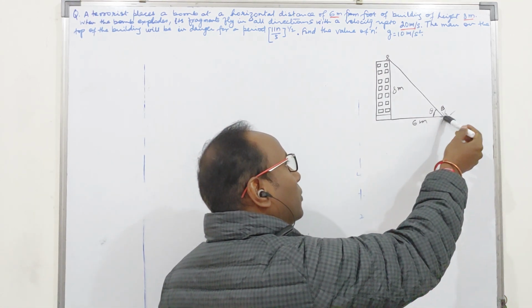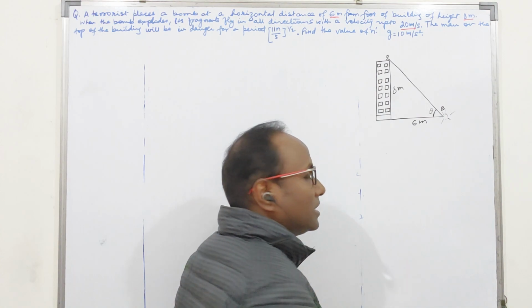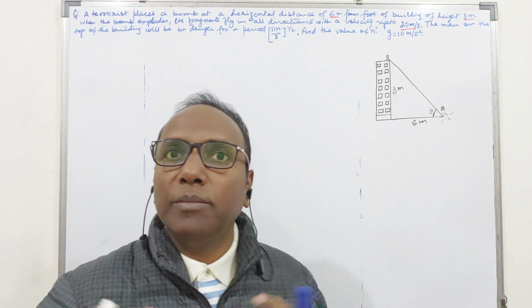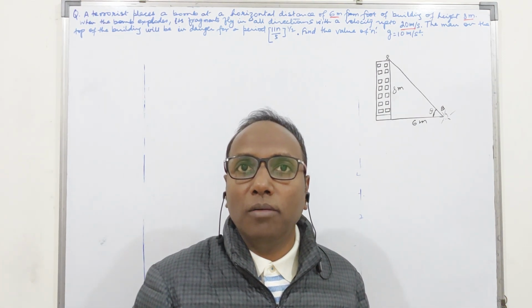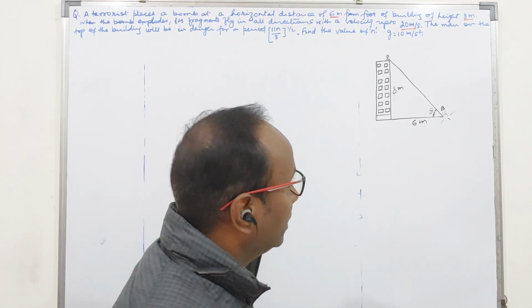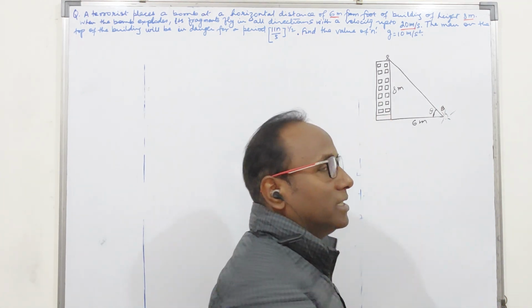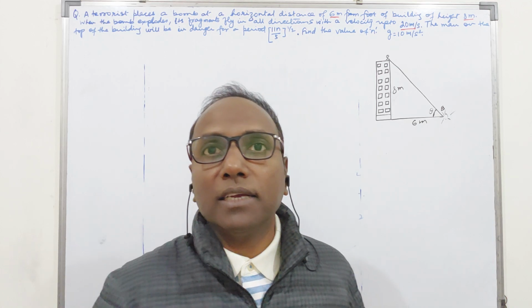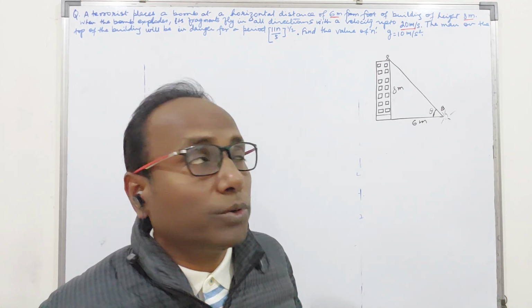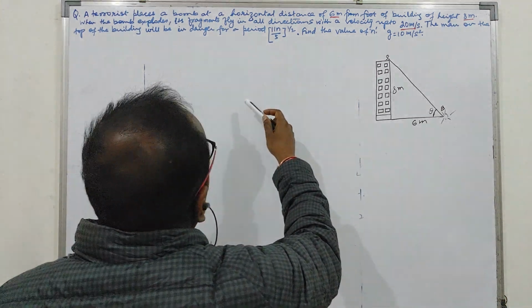Now the bomb explodes, and the fragments of the bomb move in all directions with a velocity up to 20 meters per second.